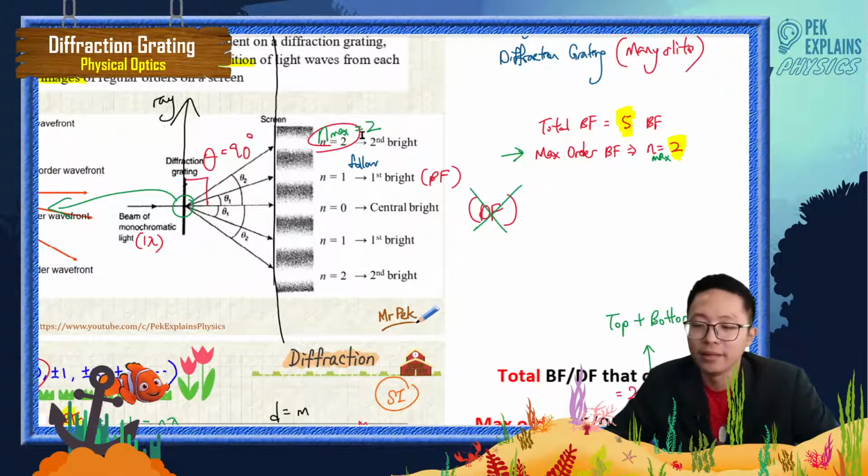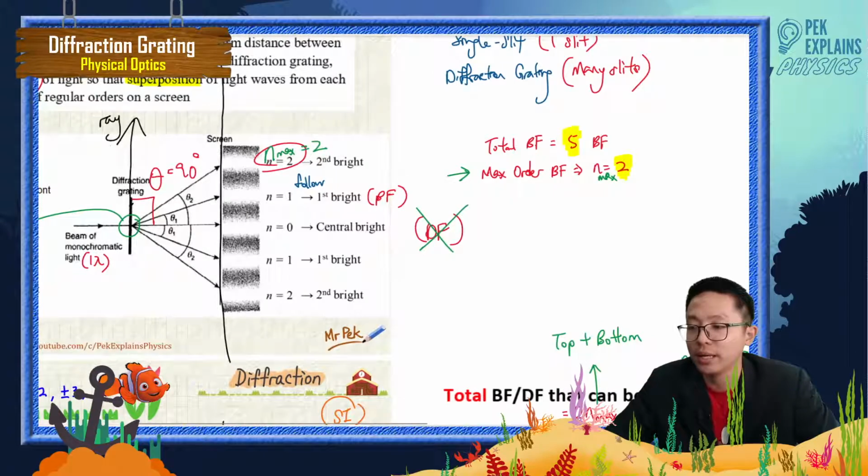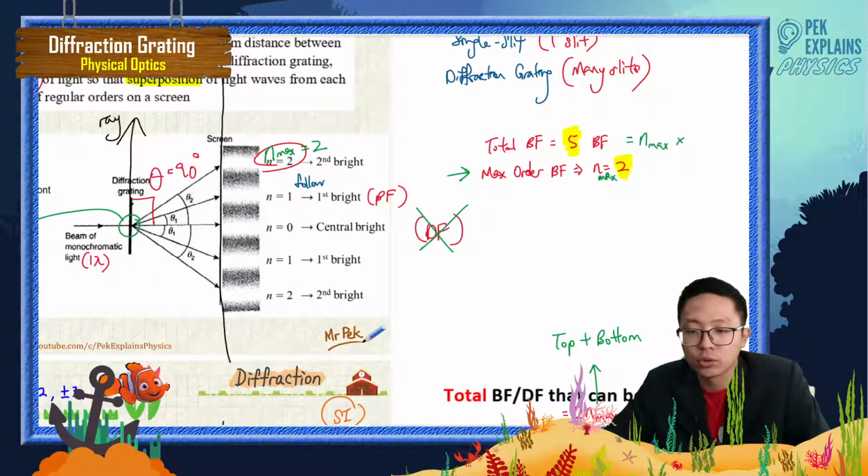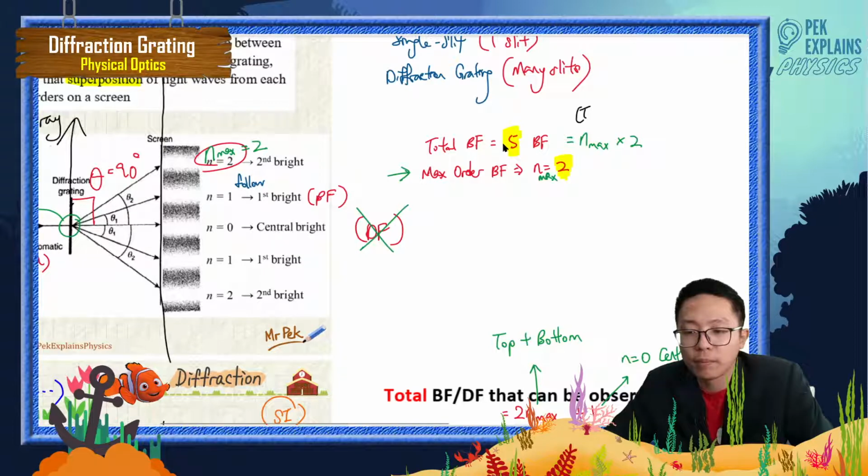Understand or not? Remember, the order has both sides, top and bottom. So order 2 means n1 and n2 at the top, and n1 and n2 at the bottom. To find the total bright fringes, you need to take the n max multiplied by 2, because it is the top order plus the bottom order.